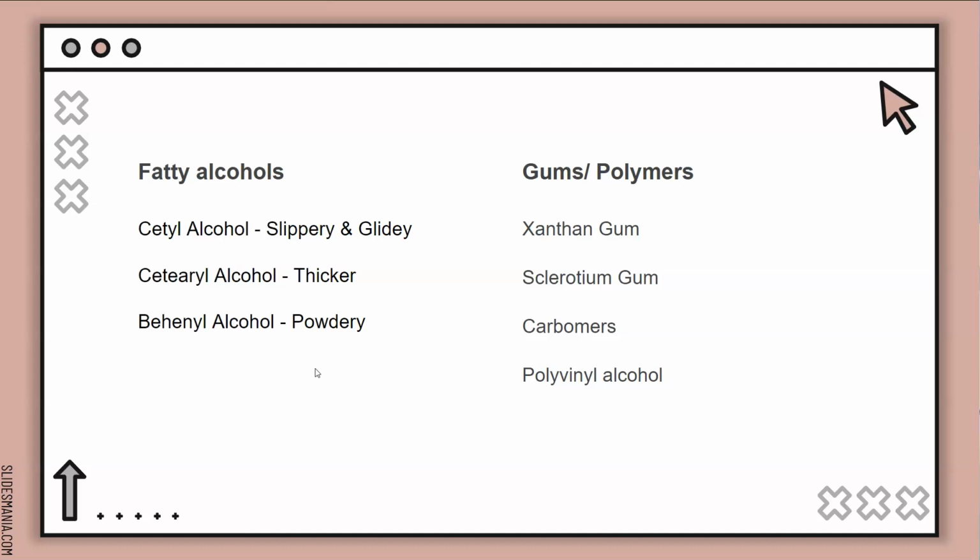Cetyl alcohol gives emulsions some slip and glide and makes the cream really creamy. Cetearyl alcohol is a thickener and also an emulsifier. Compared to cetyl alcohol, it's more draggy because it has more stearic acid in it. Behenyl alcohol, on the other hand, gives the emulsion a more powdery matte feel.